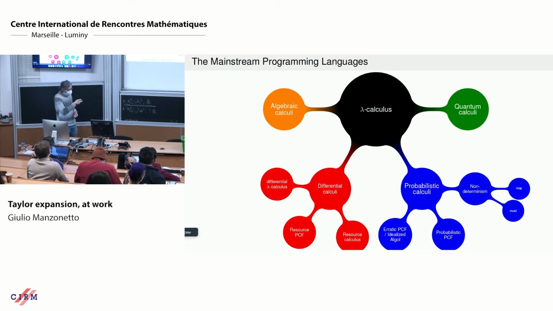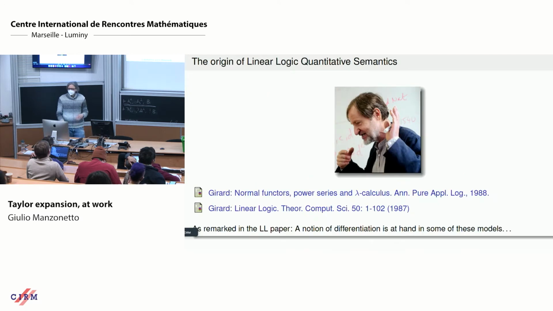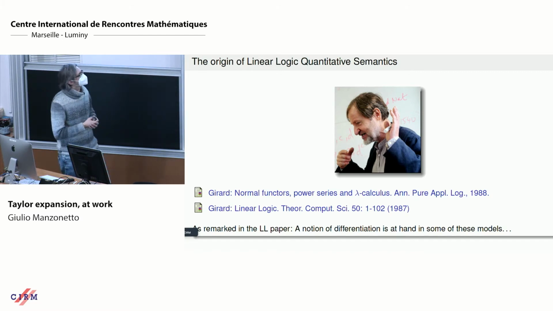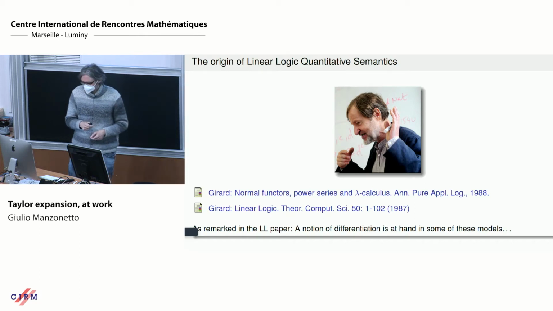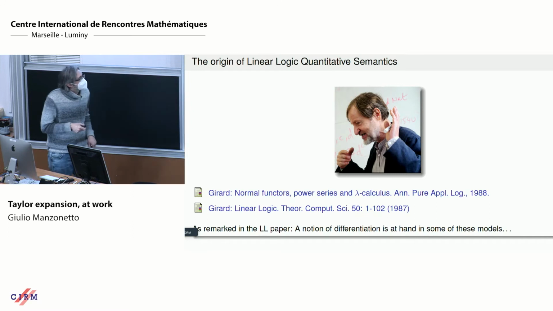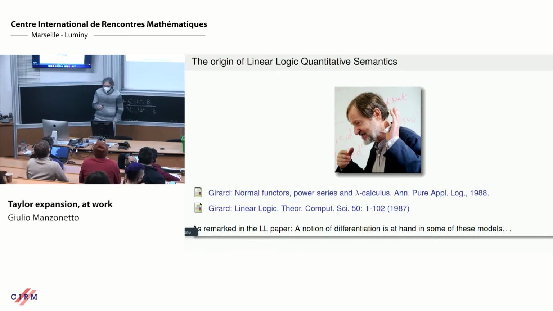What all these programming languages have in common is that they can be interpreted in quantitative semantics of linear logic based on vector spaces, and that they can be seen as generalizations of the relational semantics morally introduced by Girard in the normal functors, power series and lambda calculus paper. In this paper, in the linear logic paper, Girard also mentioned that there is a notion of differentiation which is at hand in these models.